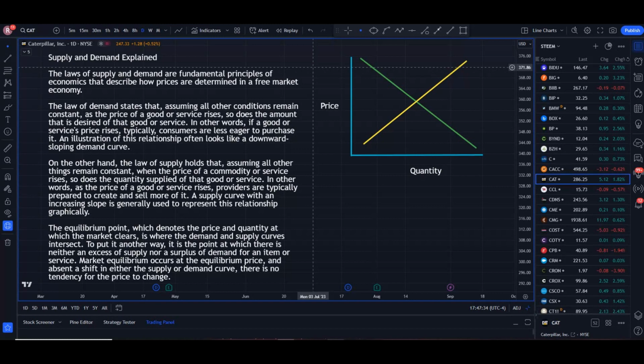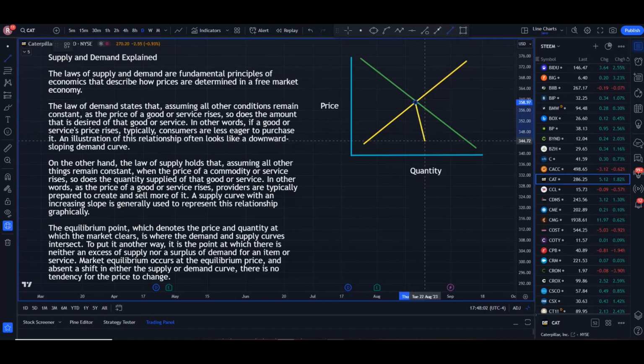To put it another way, it is the point at which there is neither an excess of supply nor a surplus of demand for that particular item or service. Market equilibrium occurs at the equilibrium price and is absent a shift in either the supply or demand curve. There is no tendency for price to change. And that's denoted by this intersection right here.